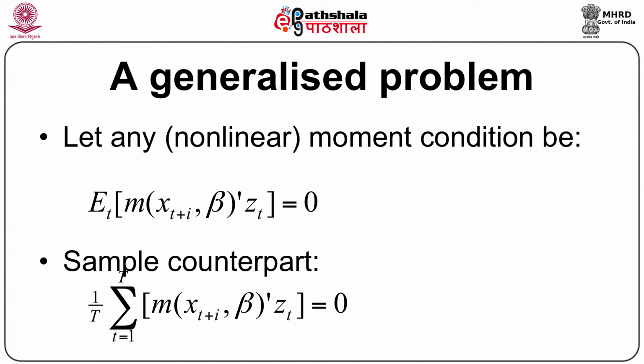Now, using the sample counterpart, you get 1/T times the sum from t equal to 1 to T of m(x_{t+i}, beta) times z_t equal to 0. So these conditions give you the sample moment condition.